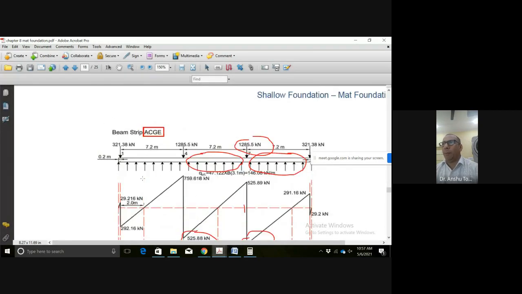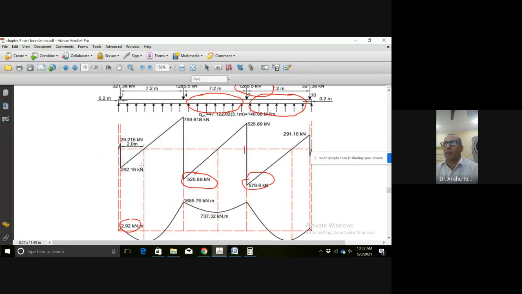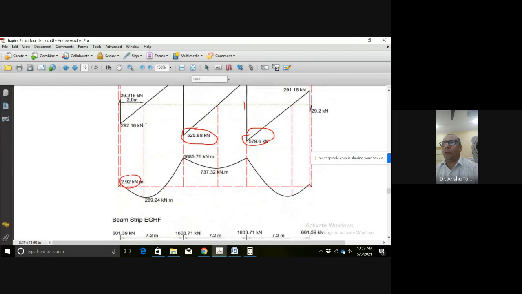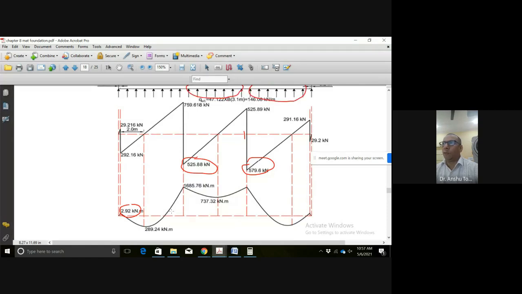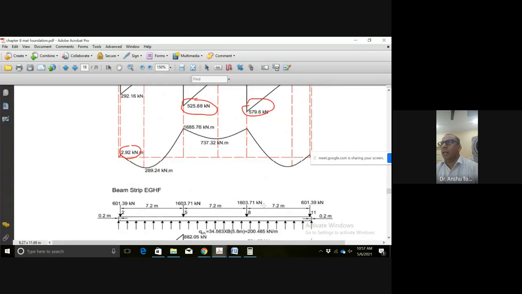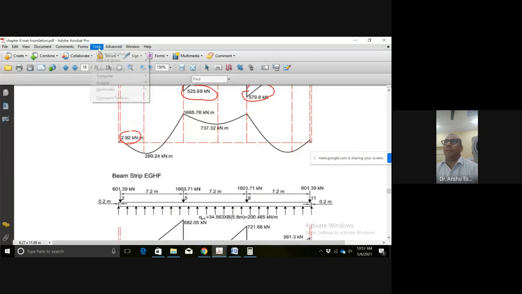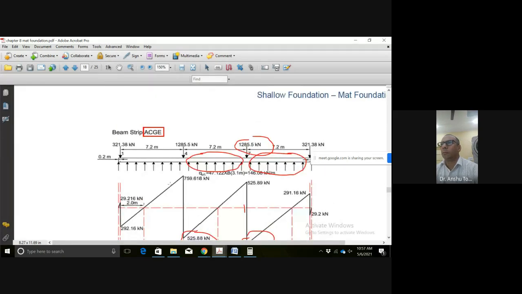And at the bottom, because for flexure, if you want to find out at the strip, it will be coming 289.24. Similarly, just the way on the left hand side, whatever values you are getting here, because on the left hand side of this particular point load, you have got only two things.